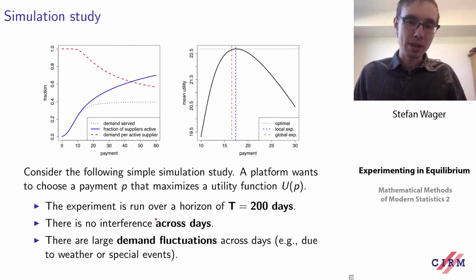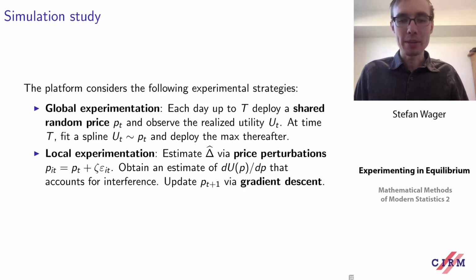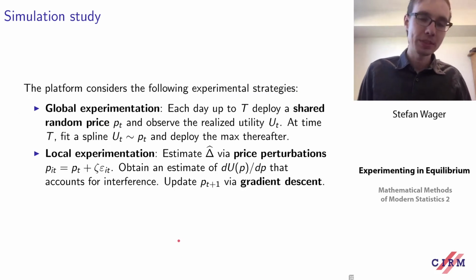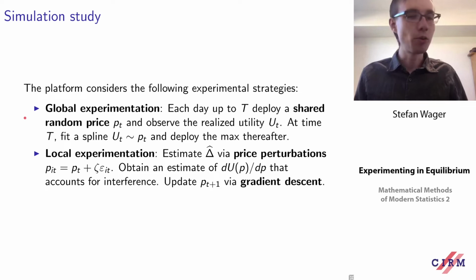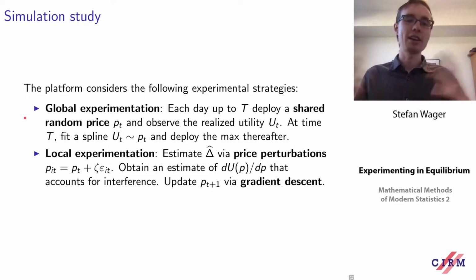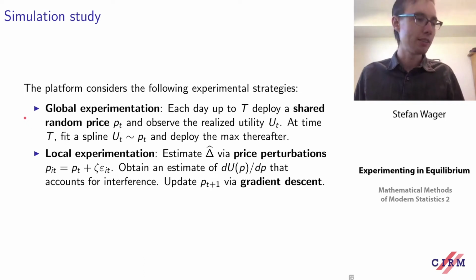What are we going to want to do? We're going to want to use a payment P that maximizes some utility function U of P. How could we think about doing this? Well, there's global experimentation. This is the normal thing to do, and it corresponds to what people actually do out there, which is find non-interfering units and experiment across them separately. You could find different cities and experiment across them separately. Here we have consecutive time periods that are non-interfering, so experiment across them.